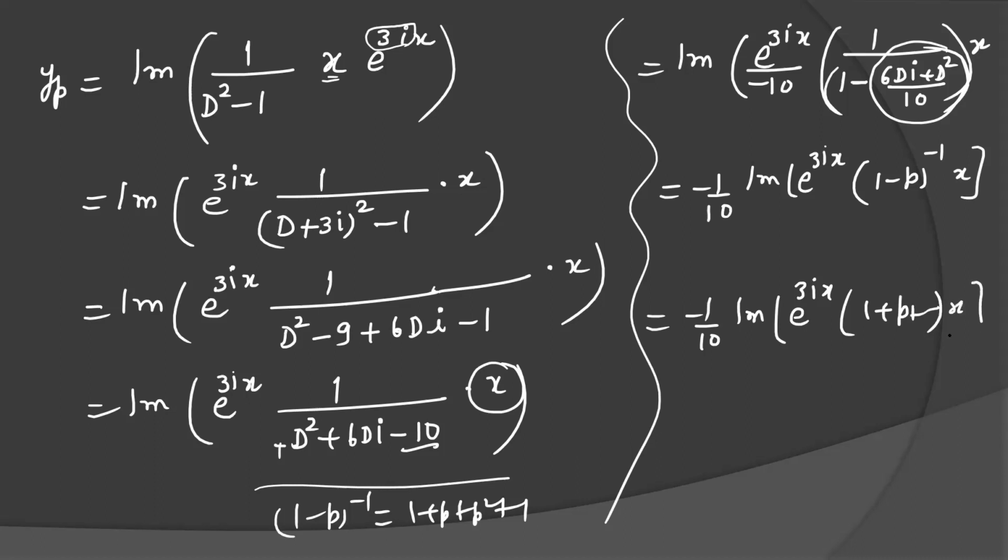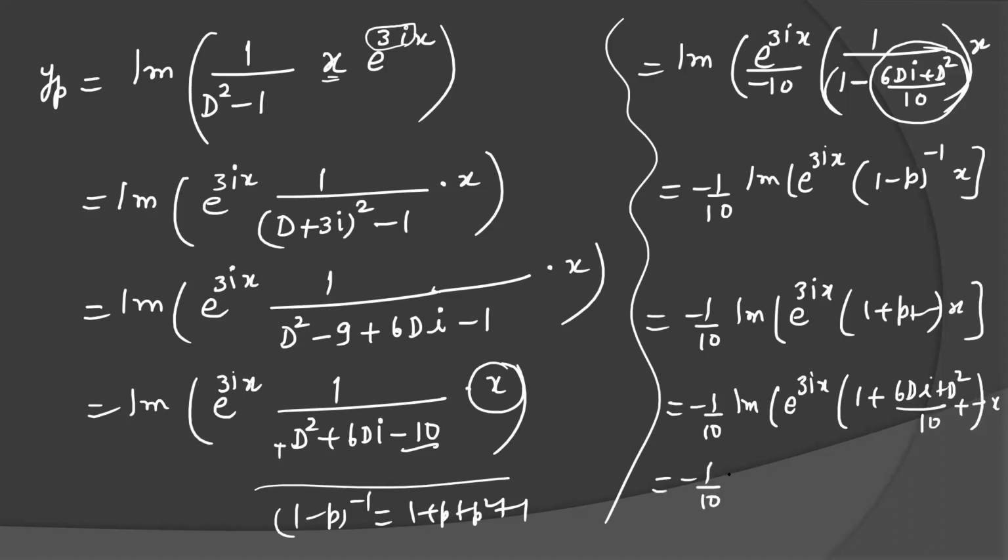Only this one. Okay. Now put the value of p. It is 1 plus 6Di plus D square by 10 plus so on into x. Minus 1 by 10 outside, imaginary part e to the power 3ix. Take x inside, x plus 6 by 10 with first term.